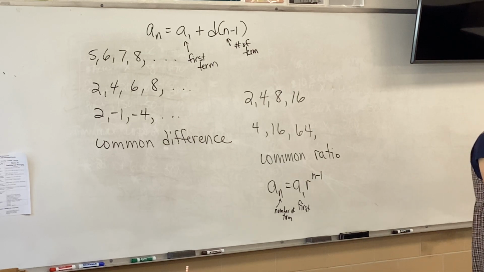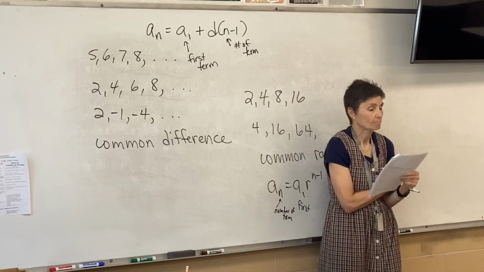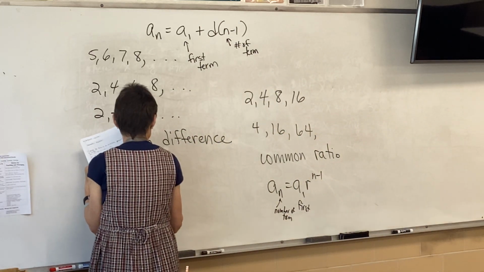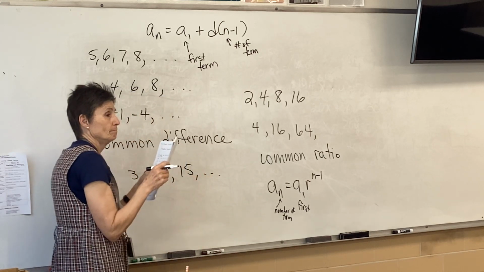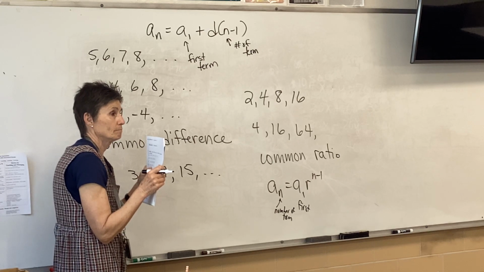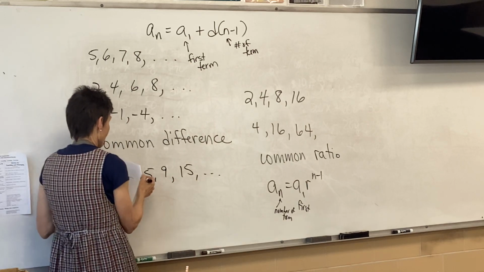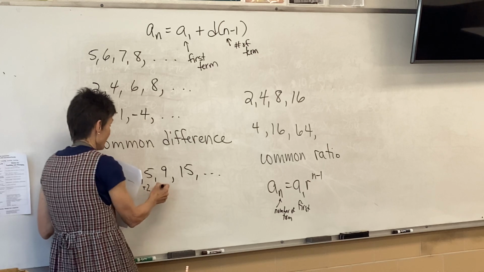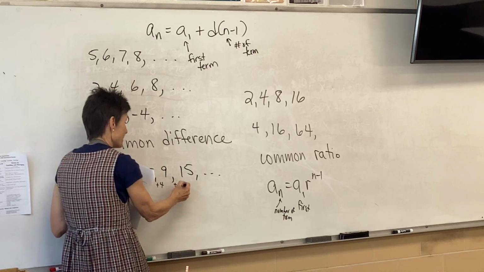What seems to be happening in D? It's like adding the number that was before it. So, we go from 3 to 5, that would be plus 2, and then we go plus 4, and then plus 6.